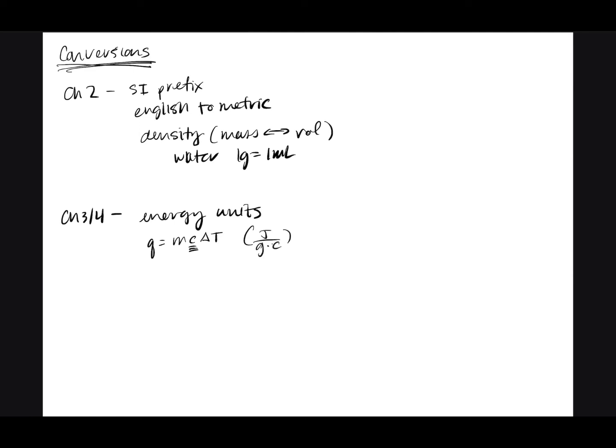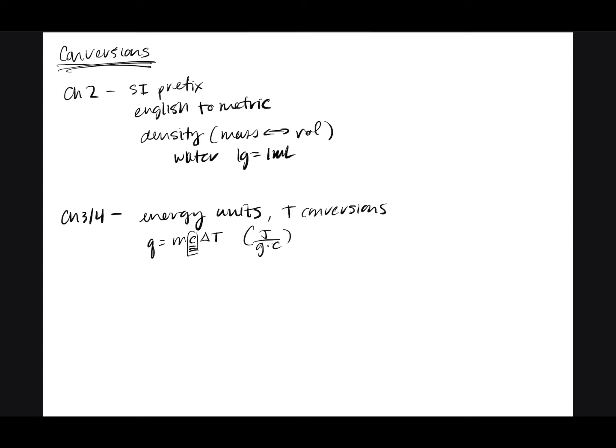You have not just your energy units, but you have your T conversions, which you should go look up, because I'm thinking back to the Chapter 3 and 4 test, and I think a lot of people missed some of those questions also. So make sure you remember your temperature conversions. But we have our Q equals MC delta T, which is fashioned as an equation, but really C is our conversion factor there. And it gives us the relationship between joules, measures of energy, versus grams and degrees Celsius, or a change in temperature.